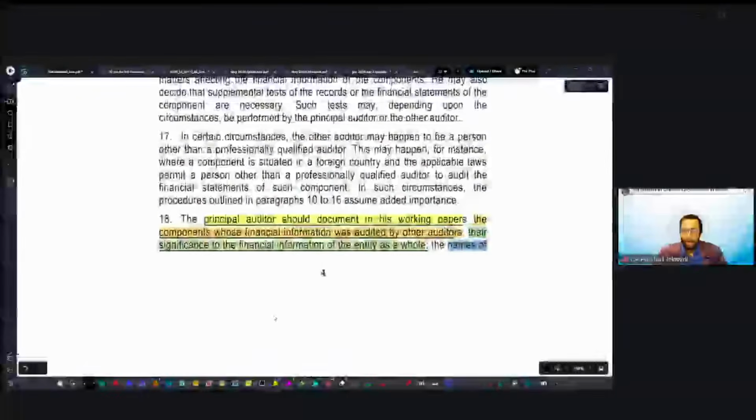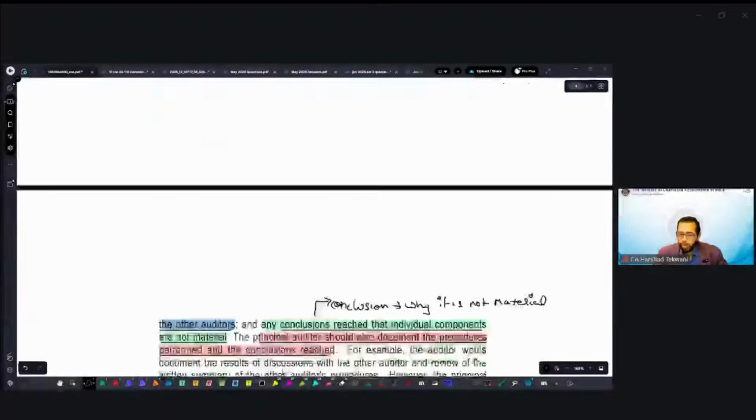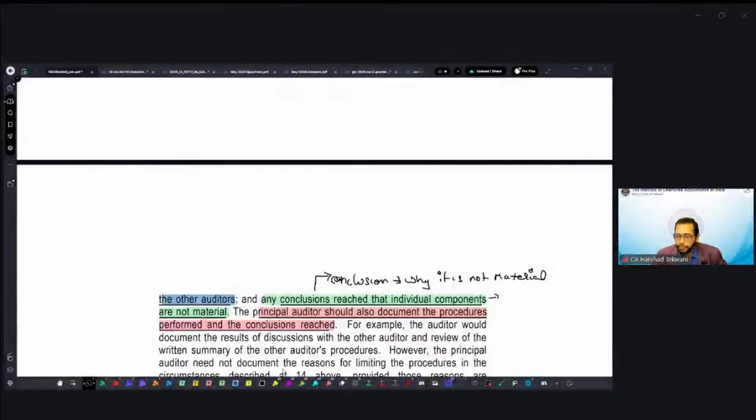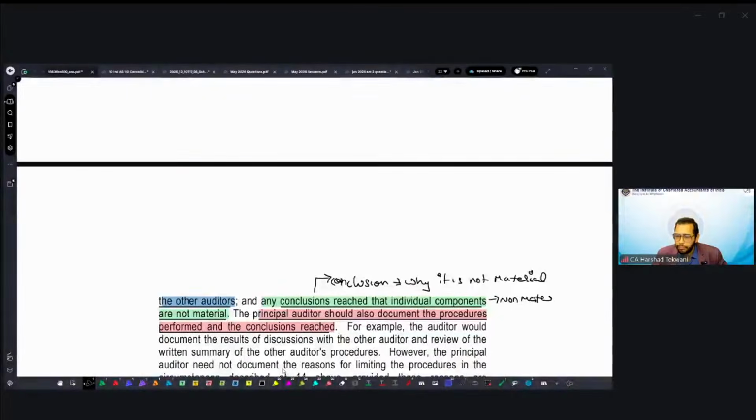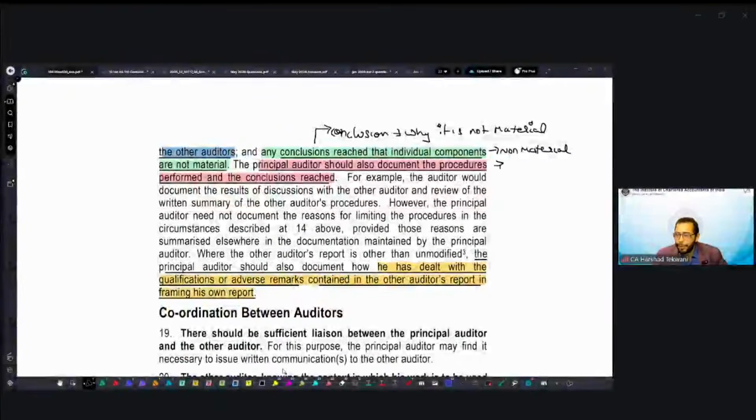So what are the points that the auditor should document? One, the components audited by others. Second, their significance, because these are material. Third, the names. Fourth, non-material components. Fifth, the procedures performed by the principal auditor.